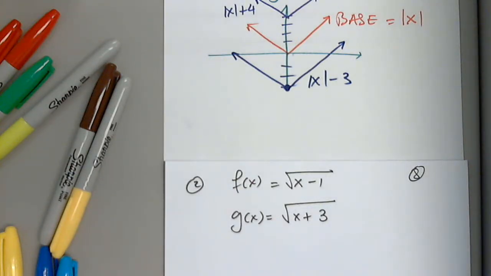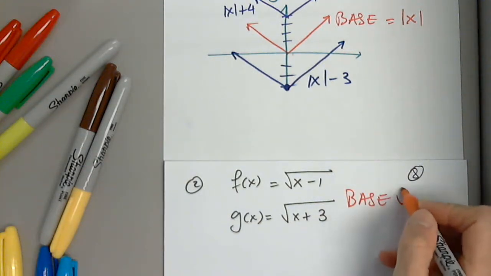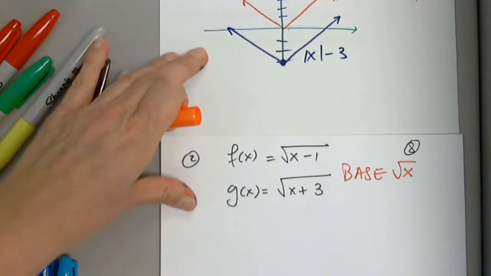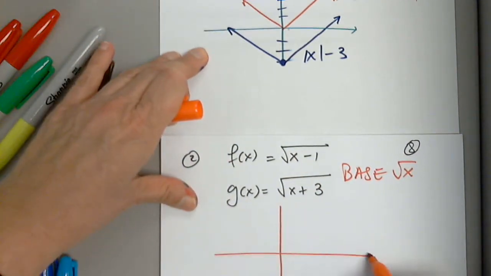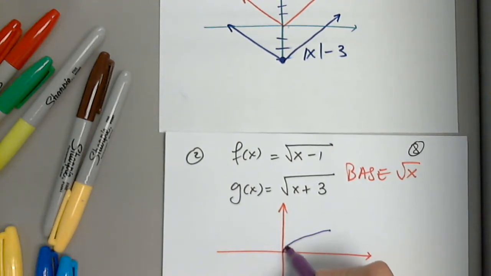Again, I'm going to ask myself which of those 7 basic functions was used to determine f and g. The square root. So the base function is the square root. I know how to graph the square root. I will do that right away. Here it is.